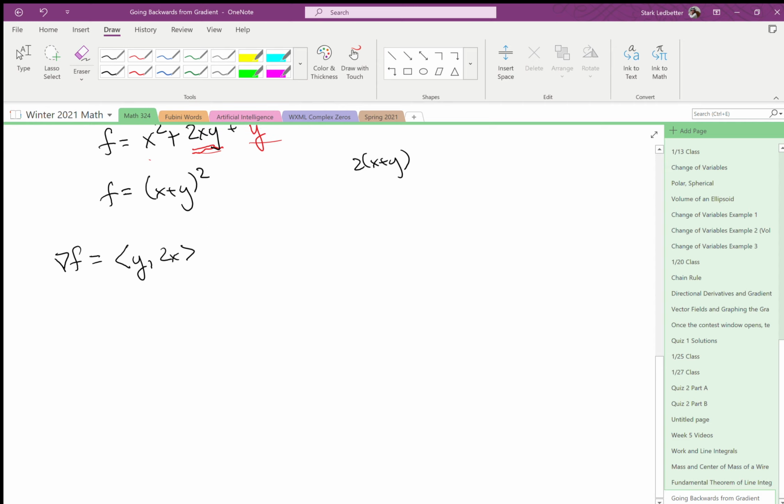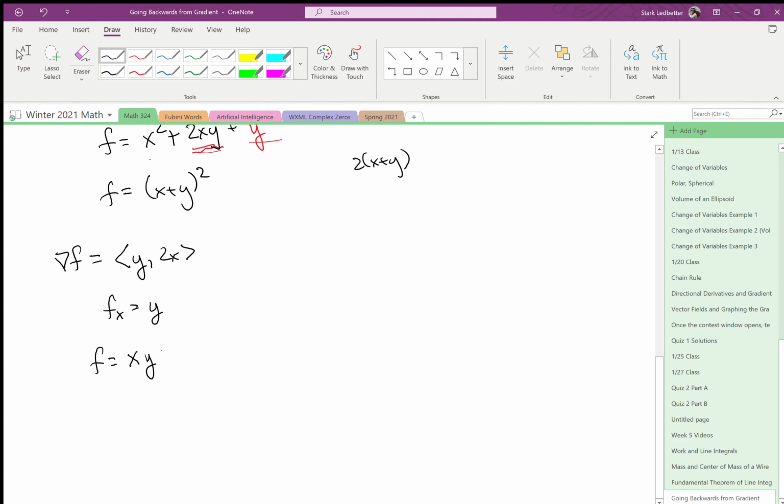Let's do, say the gradient is y comma 2x. Okay, so let's see, I need my fx to be y. So if I start constructing my function, I'm going to need at least one term of it to be x times y.